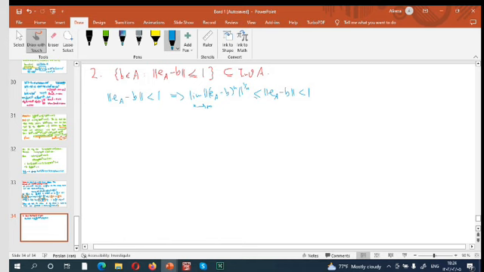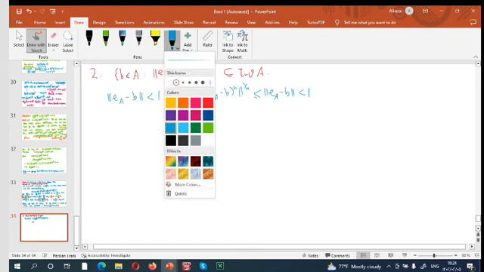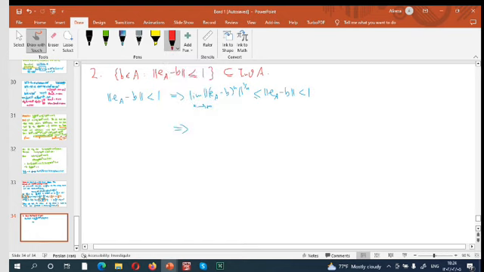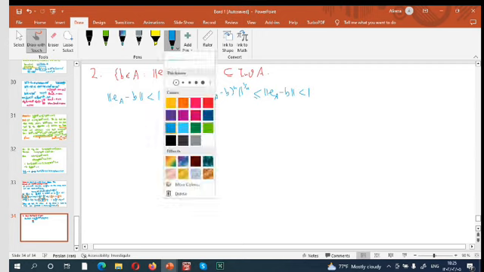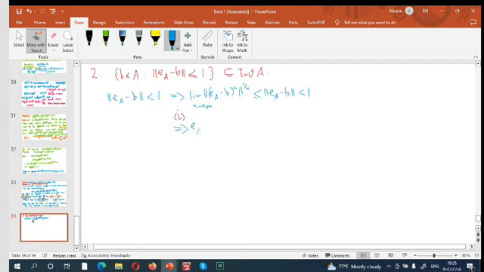This shows that by part 1, since the norm of this element is less than 1, consider this as A in our Banach algebra. EA minus this element, EA minus A, okay?